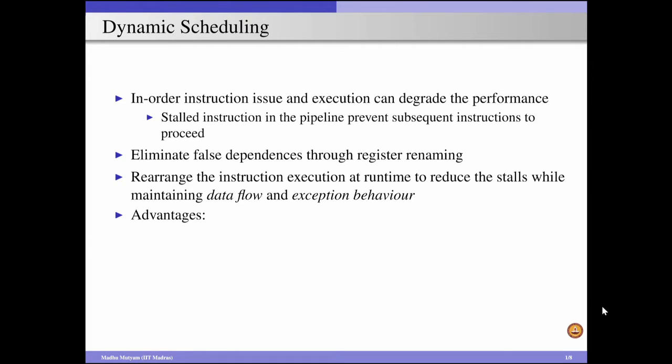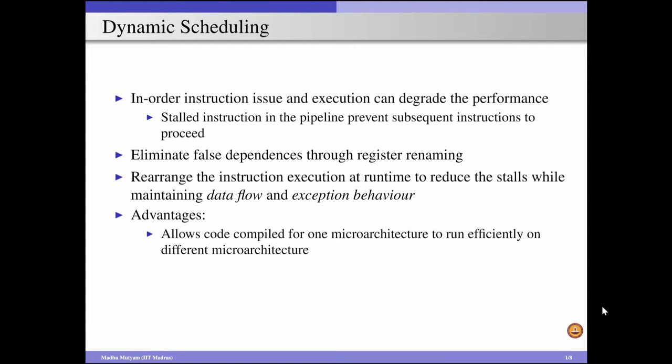The main advantage of dynamic scheduling compared to static scheduling is that dynamic scheduling allows the code compiled for one microarchitecture to run efficiently on another microarchitecture. We know that for the same ISA we can have multiple microarchitectures.